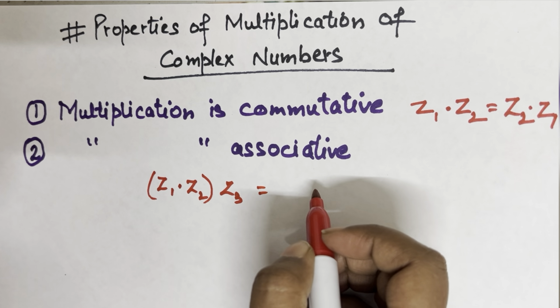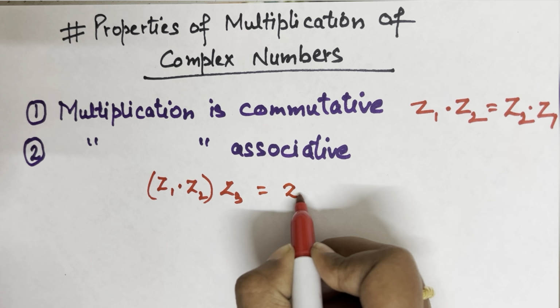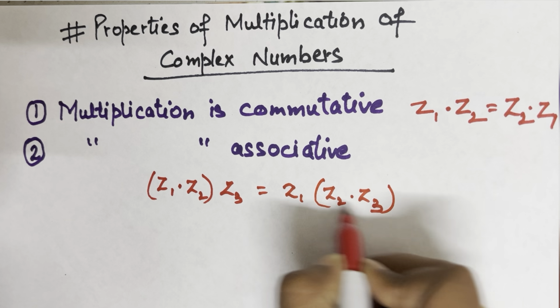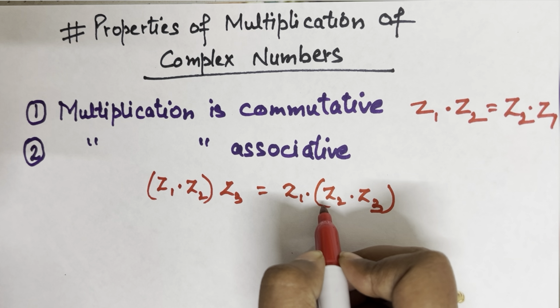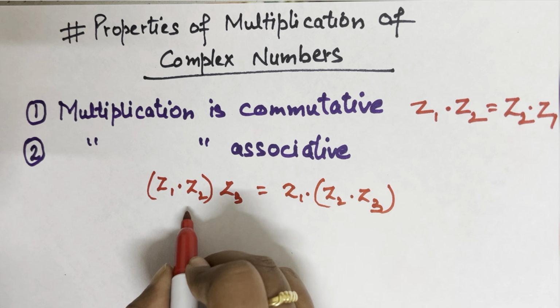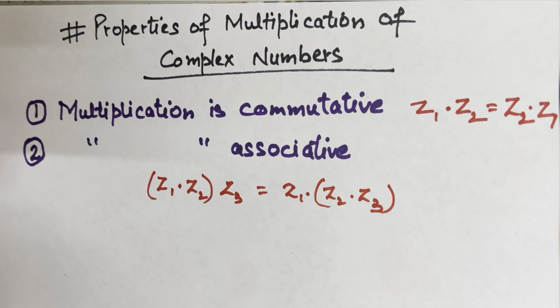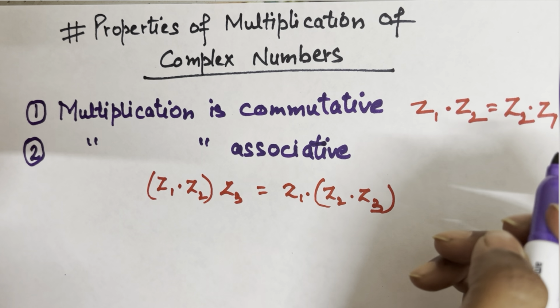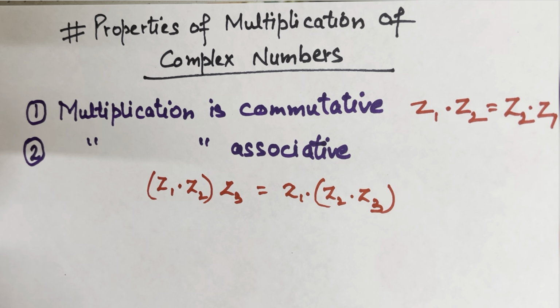And also first we will multiply z2 and z3, and then after getting the result we will multiply that with z1. In both the cases we will get the same result. So here it is the property of association. So this suggests that the multiplication of complex numbers is associative in nature.